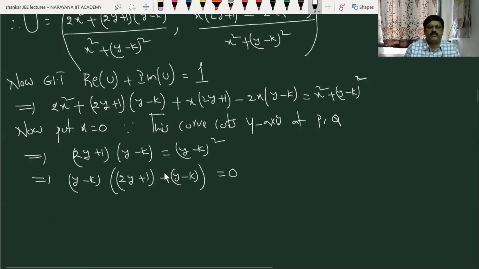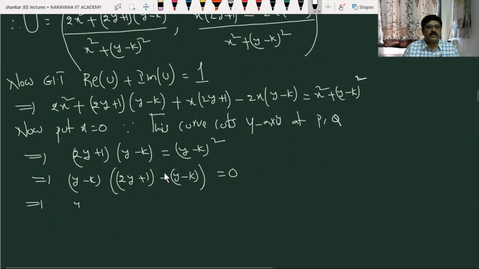Then just I will simplify that to some extent. Already I told you, we are going to have a quadratic in y, which gives two values of y, which are acting as ordinates of the points P and Q. For both these points, abscissa is 0 because they lie on the y-axis.